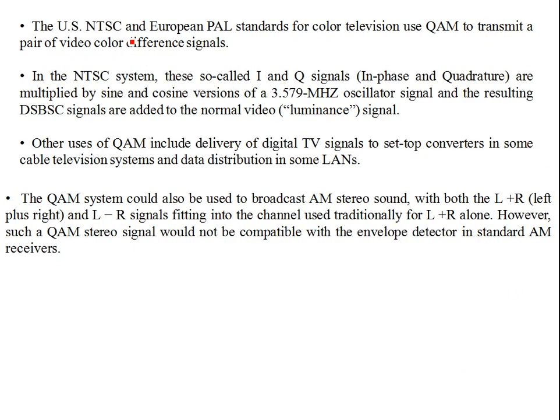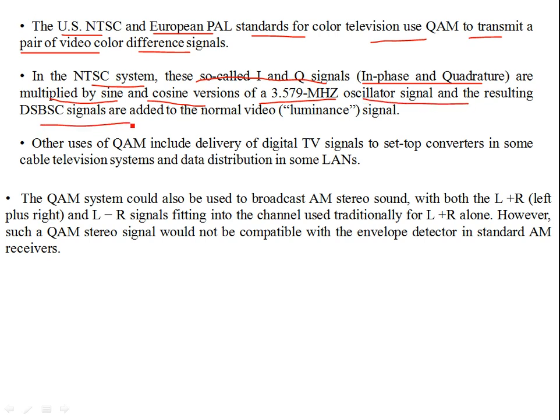So where do we use QAM? For example, the US NTSC and European PAL television standards for color television use QAM to transmit a pair of video color difference signals, just like IQ transmission. For example, in the NTSC system, these are the so-called I and Q signals, in phase and quadrature, and they are multiplied by sine and cosine versions of a 3.579 megahertz oscillator signal, and the resulting DSB-SC signals are added to the normal video luminance signal.